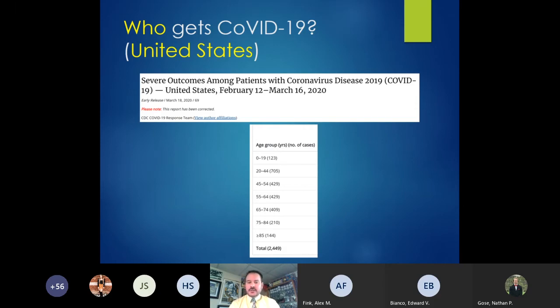Again, this is just the data that the CDC has collected and grouped, so we don't know. But yes, it certainly could be quite different. I'm not sure what the reasoning is, but that's the reality. The point I'm trying to make is that the 20 to 40 group is not immune from getting the virus. It is a broad range, but it's important to recognize that that group is a significant group that's getting infected.